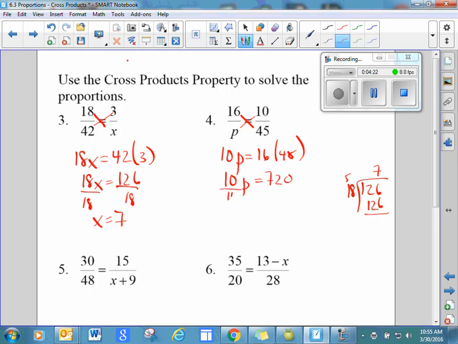Divide both sides by 10. Make sure that you're showing me all your steps and you're lining up these equal signs. p is equal to 72. So when p is 72, these two ratios actually do equal the same spot on the number line.